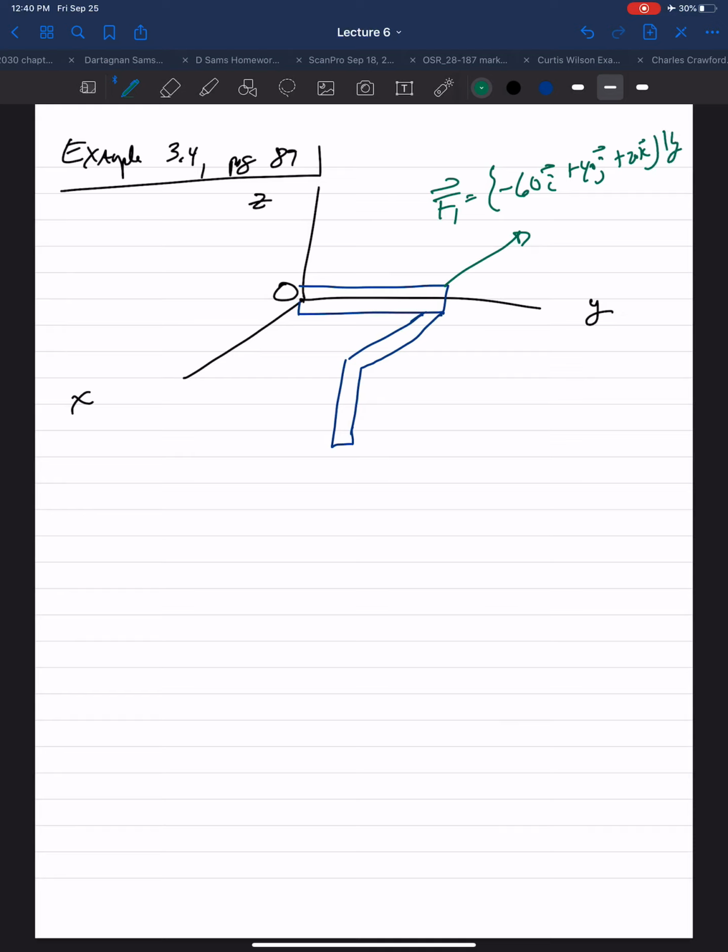So F1 is at point A. And you have an F2, 80I plus 40J minus 30K pound force.